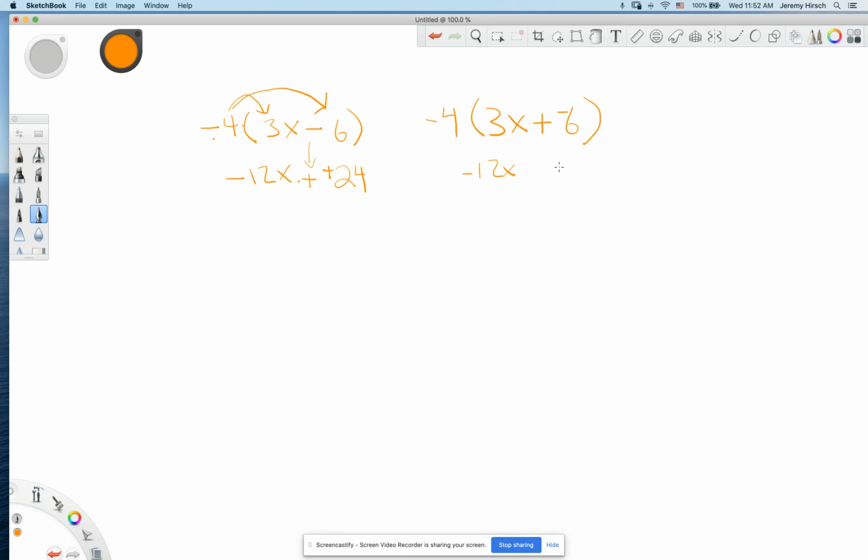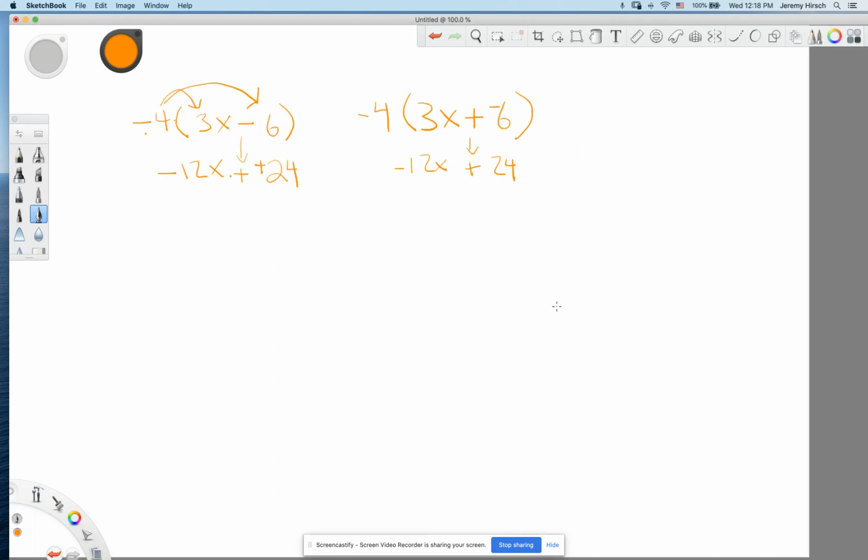Negative 4 times negative 6 is positive 24. And then we bring down the plus. Notice negative 12x plus 24, negative 12x plus 24. They work out the same. For people who don't like the minus or forget about it, turn it into a plus and a negative. It makes it easier. You're always dealing with addition because subtraction is adding the opposite.